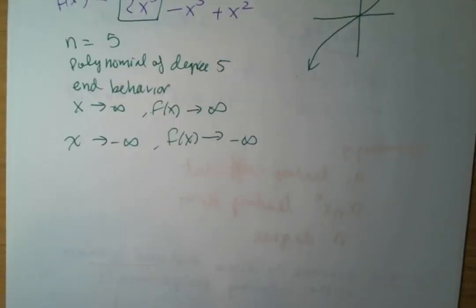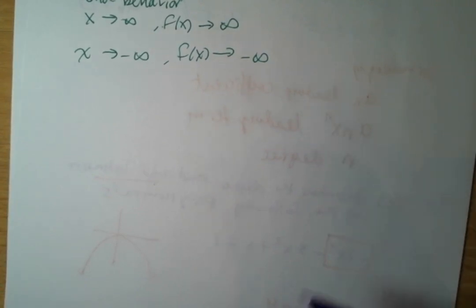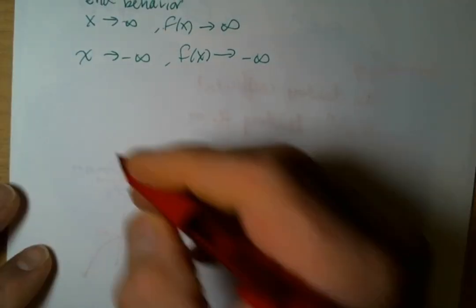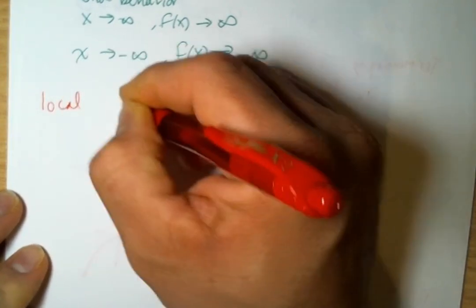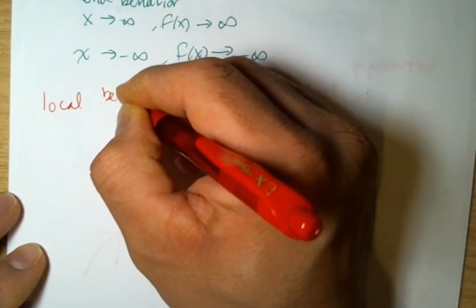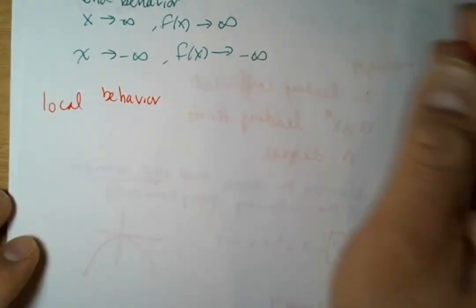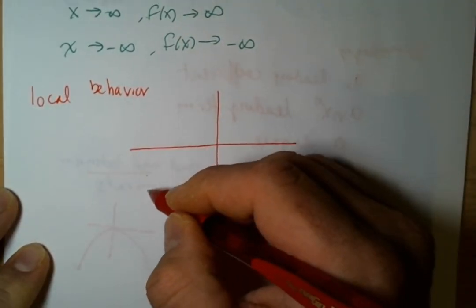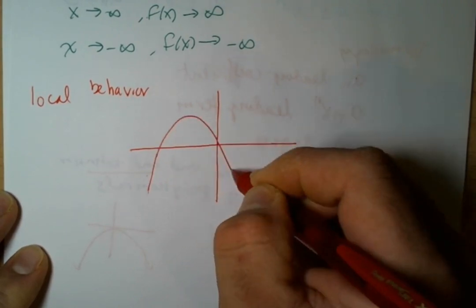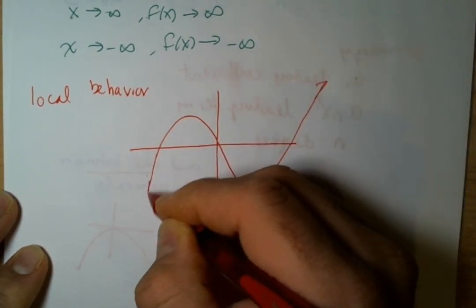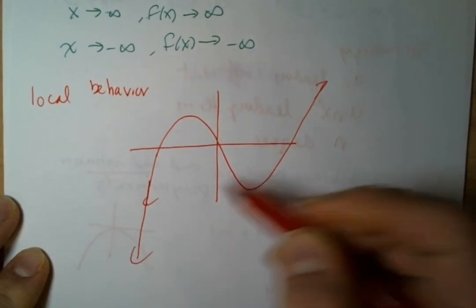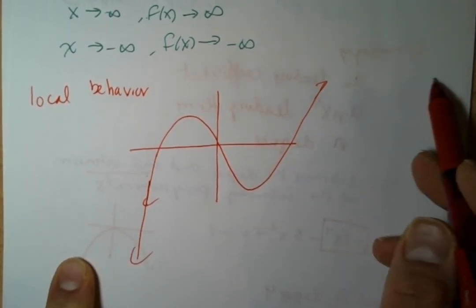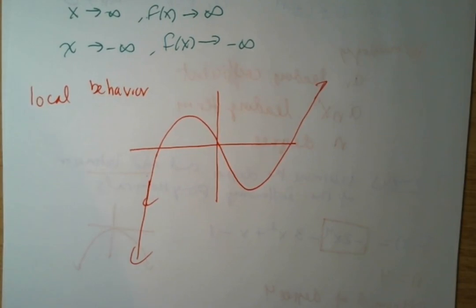All right, so we looked at end behavior. Now on the other end, we have what's called local behavior. Right, so local behavior, what we're going to define that as, and so we took a look at what happens towards the end as x goes to infinity and negative infinity.